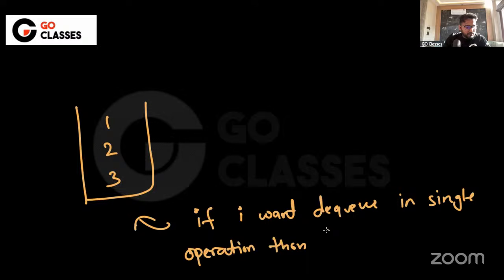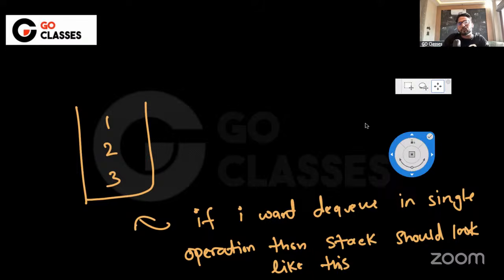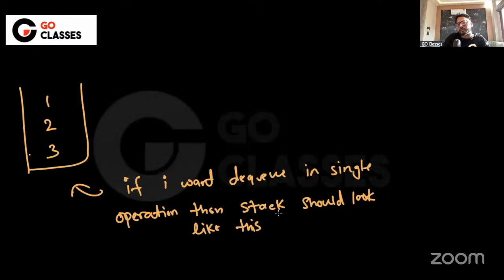The stack should look like this after NQ. After NQ means for any DQ it should be ready. I mean NQ should make sure the stack is like this, after NQ.